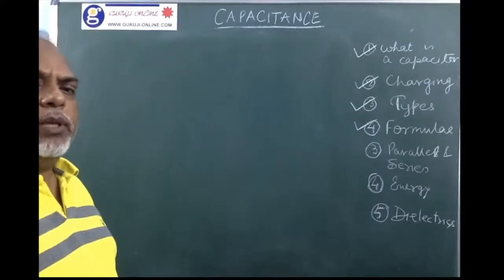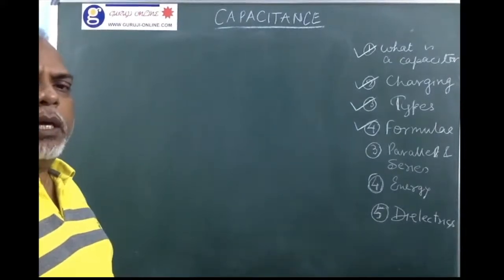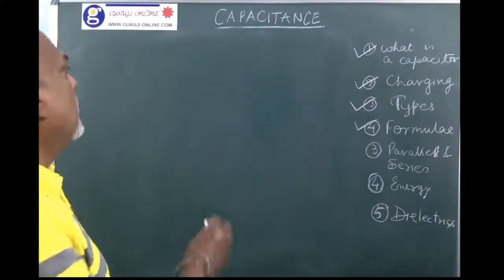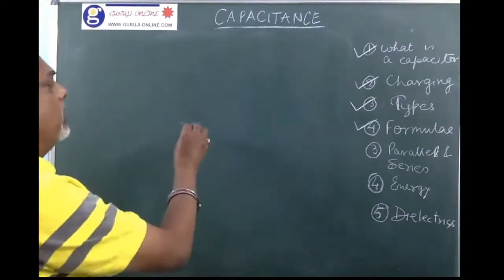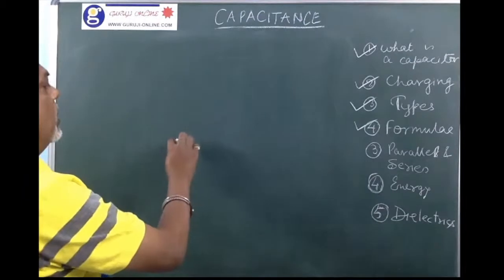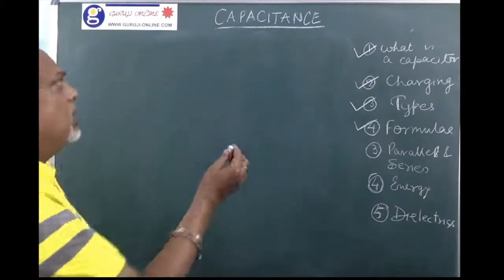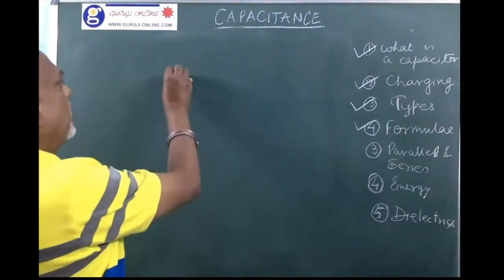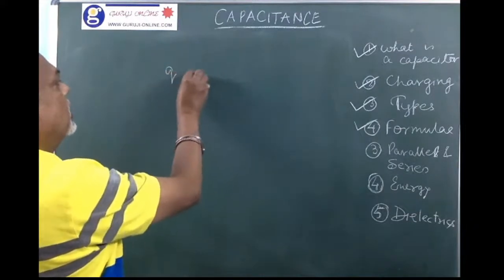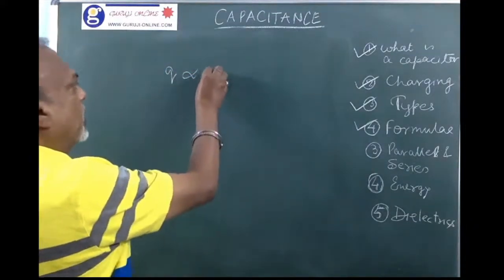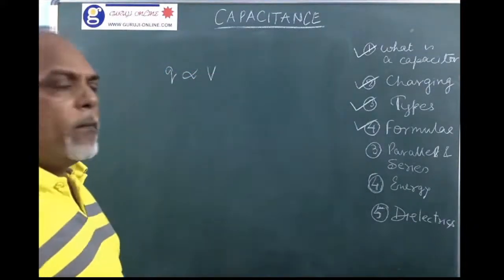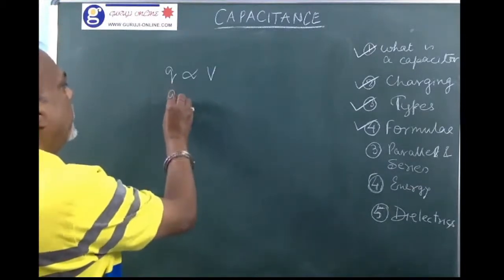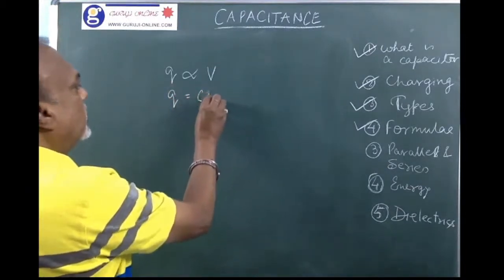Let us see what capacitance is. I told you that once, because of this voltage, charges are accumulated. Basically Q is proportional to V, or we can say Q is equal to CV.